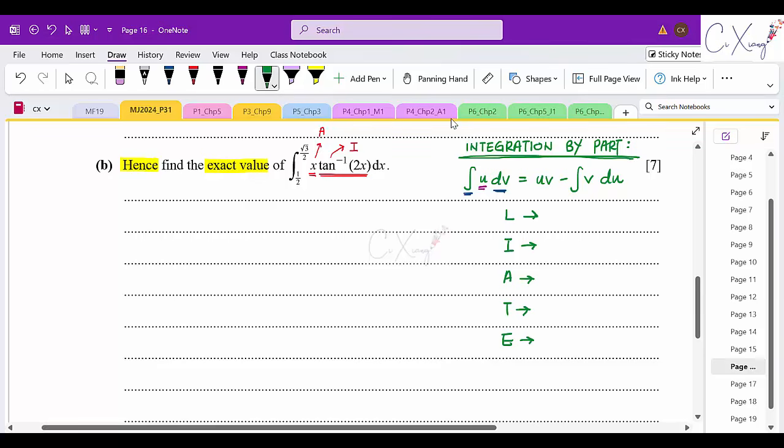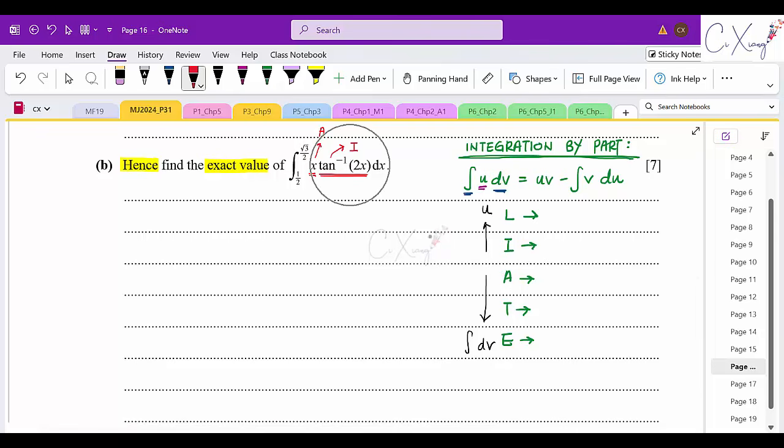So from our question here, it is very obvious that x belongs to algebra, and tangent inverse of x belongs to I, the inverse trigo. The higher group will be the u, the lower group will be the integration of dv. So now I know that A is lower and tangent inverse is higher.